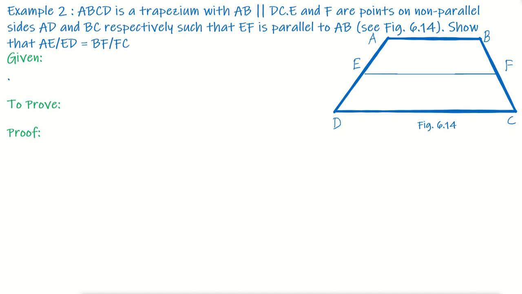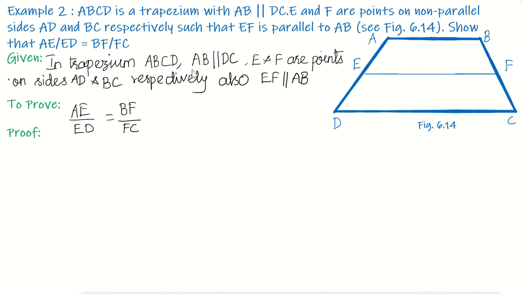ஓகேவா? Given is in trapezium ABCD, AB parallel to DC and E and F are points on sides AD and BC respectively. Also EF parallel to AB. So EF parallel to AB ஒரு சைடுக்கு மட்டும் தான் கொடுத்திருக்காங்க.